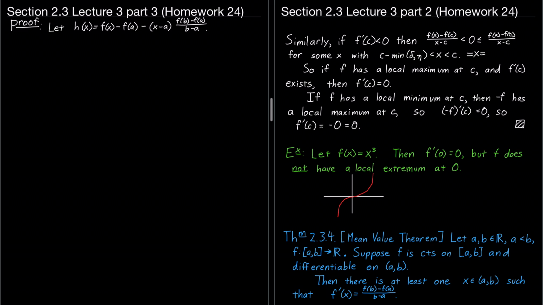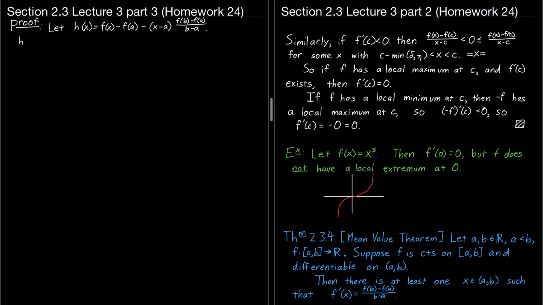Remember, f of x by assumption is continuous, then f of a is a constant, our difference quotient f of b minus f of a over b minus a is complicated, but it's a constant, and then x minus a is not a constant, but it's a linear function, a polynomial function, a very nice function.